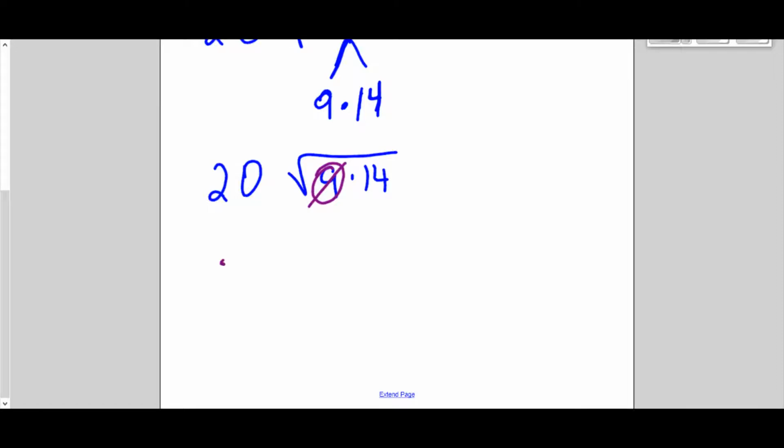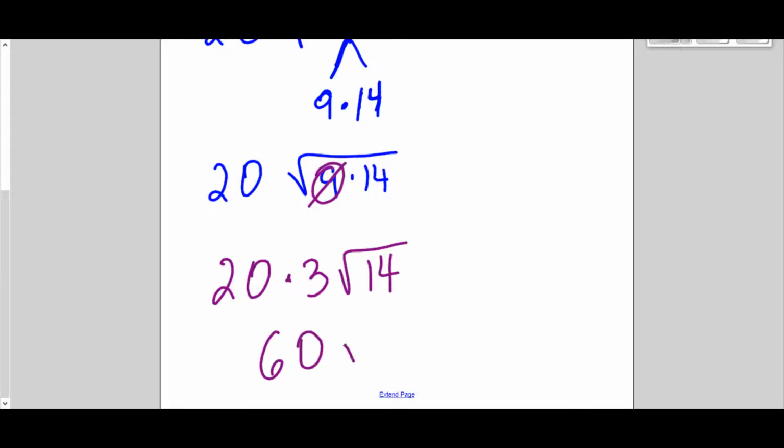Square root of 9 is 3, so this would be 20 times 3 square root of 14. 20 times 3 gets you 60, and the square root of 14 stays the square root of 14. You can't reduce that any further. So this is 60 times the square root of 14.